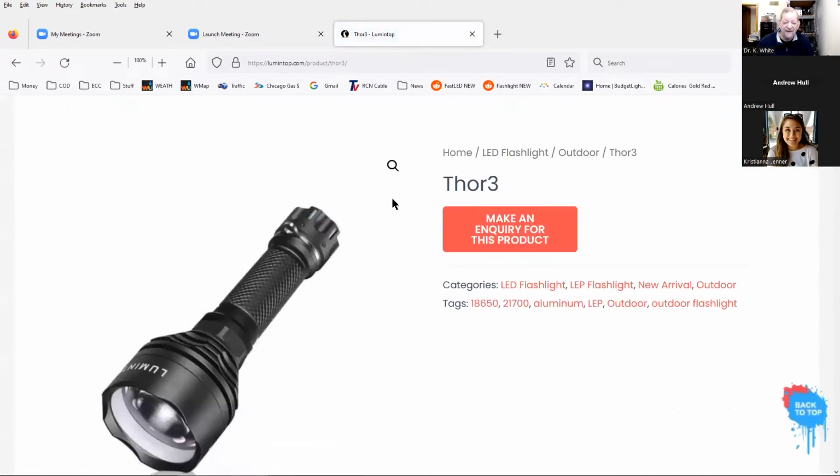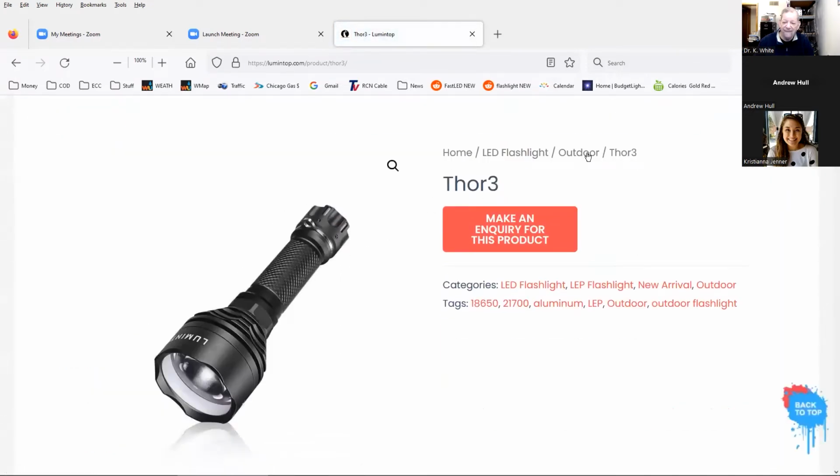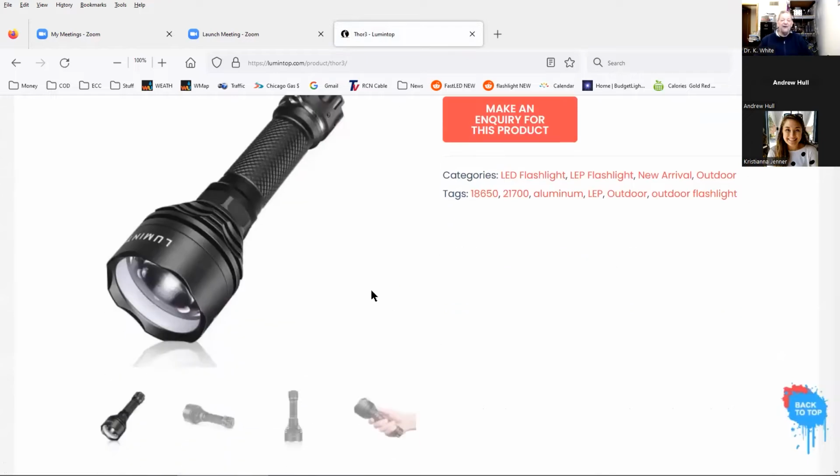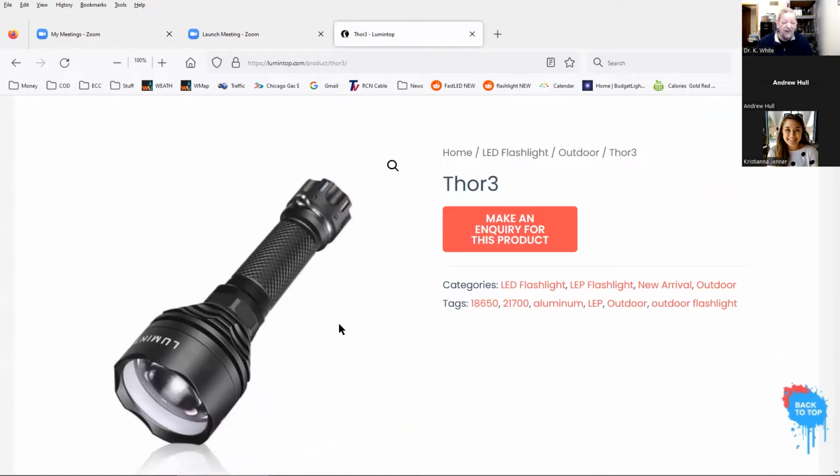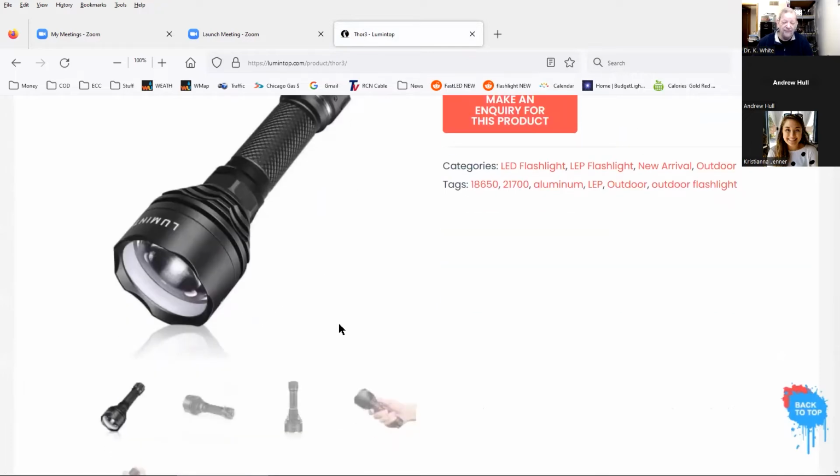Everybody see it? I am now the proud owner of a Lumentop Thor 3 LEP flashlight. I'm not going to play with it right now. It's too cold. Wait till it comes to room temperature.